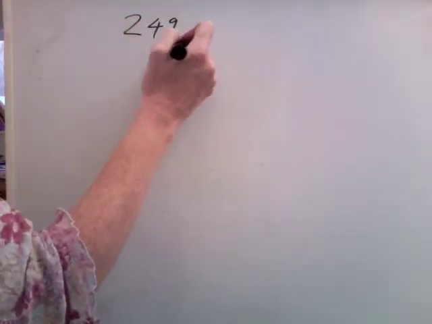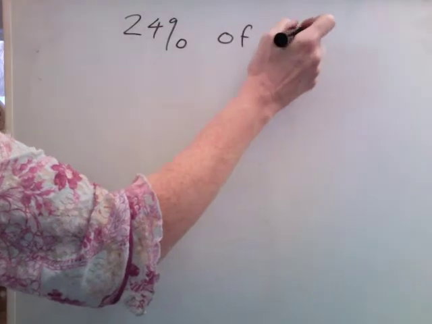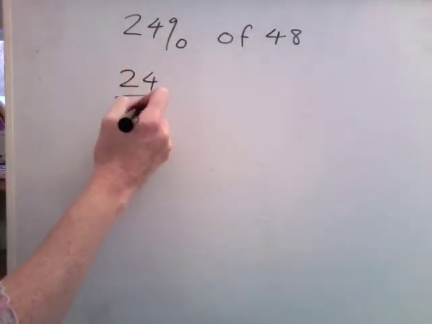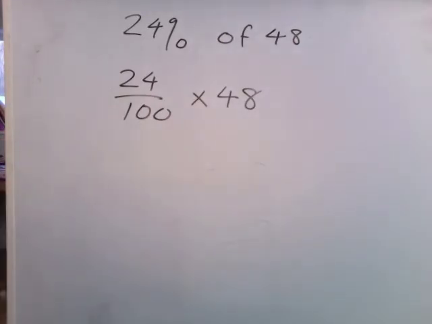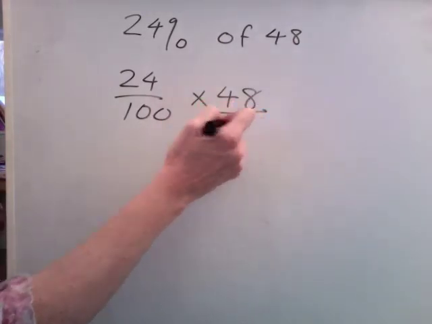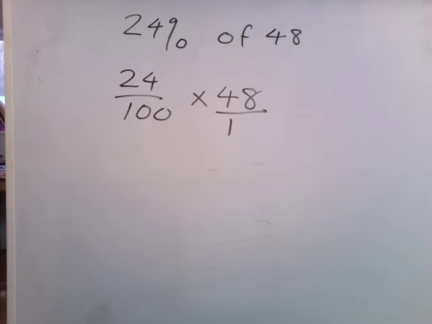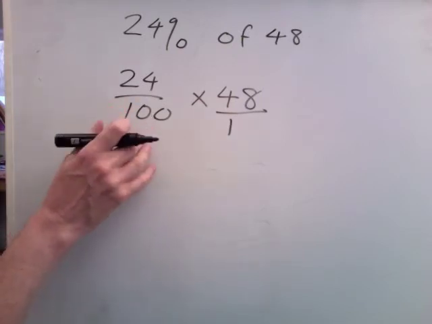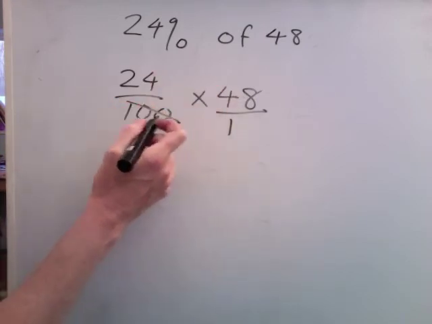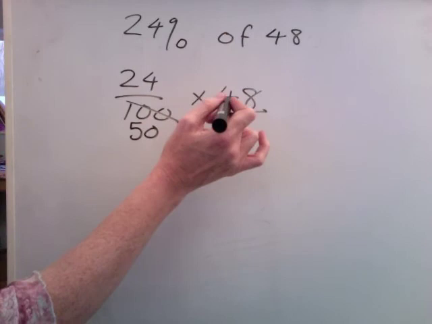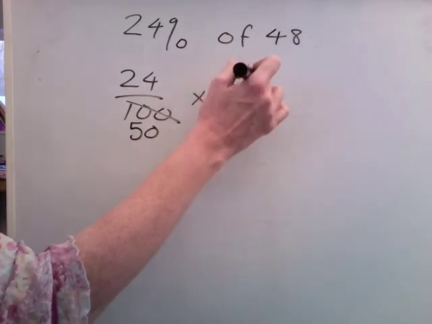Last one, 24% of 48. This is quite a tricky one. What shall I do? I think I'll divide this by 2 and that by 2. So I'll end up with 50 and 24.